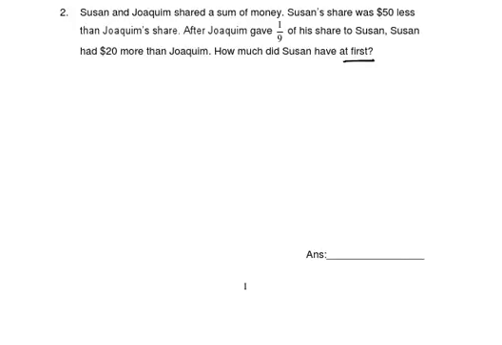When it comes to the after model, it's very important to start from the last sentence. Susan had $20 more than Joachim. So this is the first sentence that you look at. So you draw this up. Susan, Joachim. You see that Susan has $20 more than Joachim.